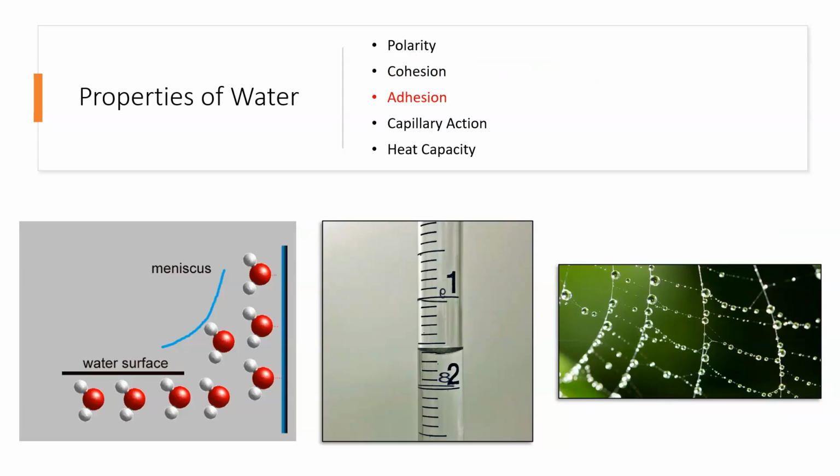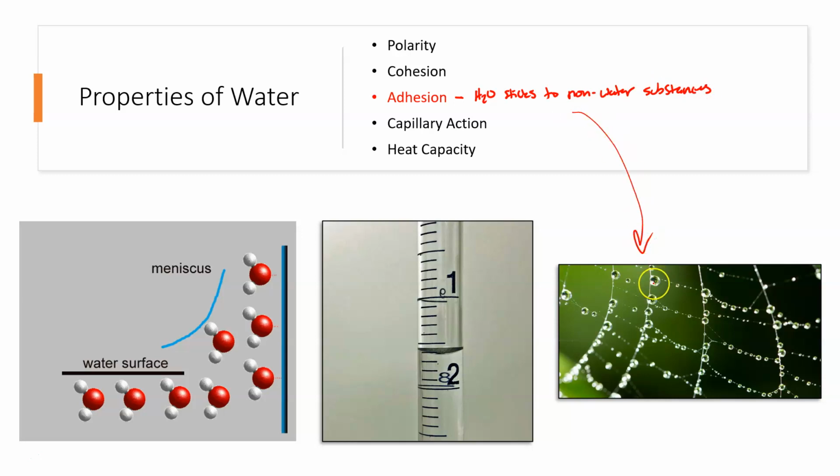Adhesion is very similar. It still has to do with polarity, with opposite charges attracting, but adhesion is when water sticks to non-water substances. You can see that here in this picture.